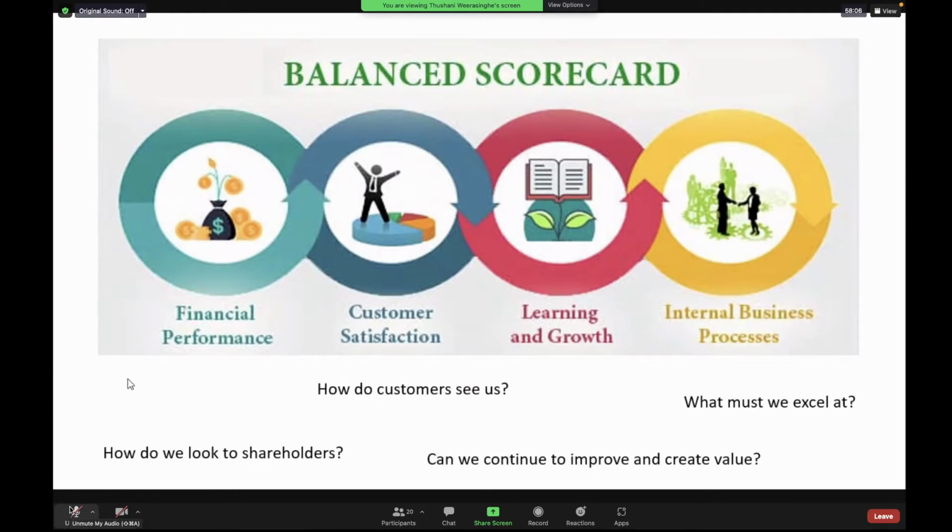Yes, the balanced scorecard is the one that I told you earlier. You have to show, with respect to some parameters we have already defined, some measurement scales that we have already identified, where we are going right now. So this is really important.